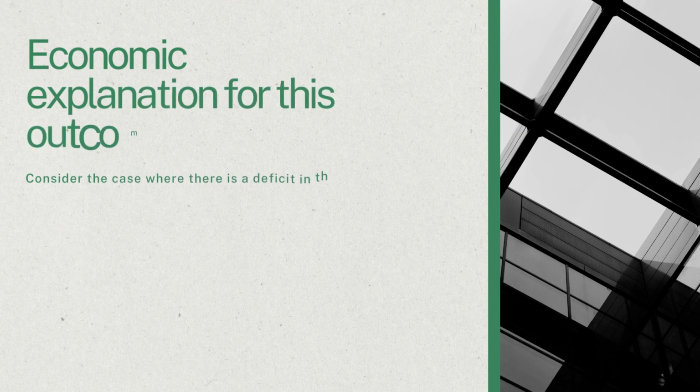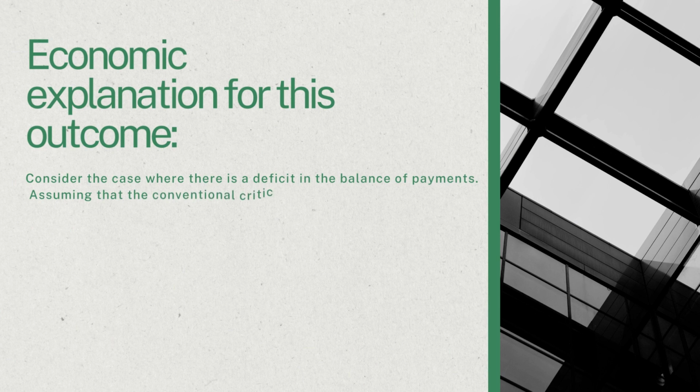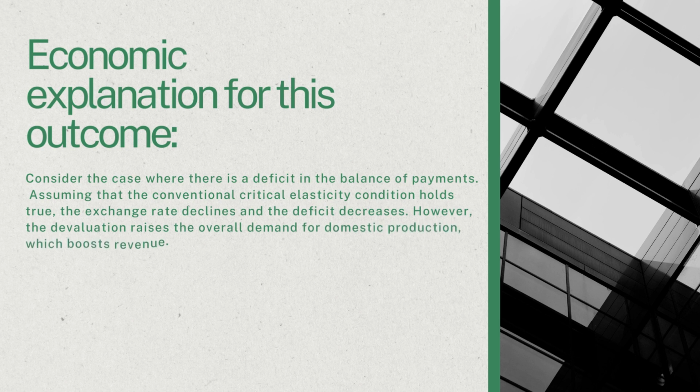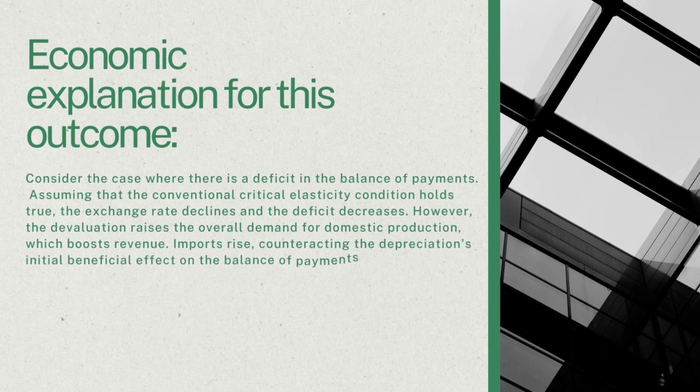Now, the economic explanation for this outcome. Consider the case where there is a deficit in the balance of payments. Assuming that the conventional critical elasticity conditions hold true, the exchange rate depreciates and the deficit decreases. However, the devaluation raises the overall demand for domestic production, which boosts revenue.